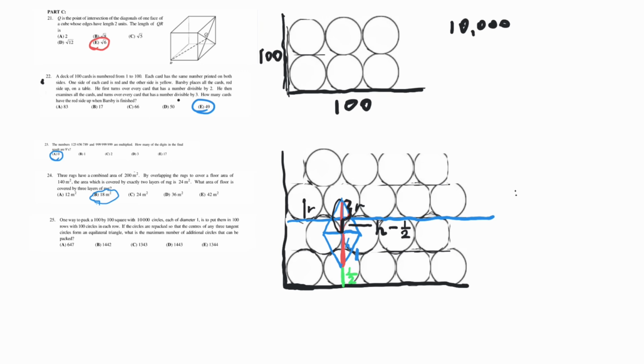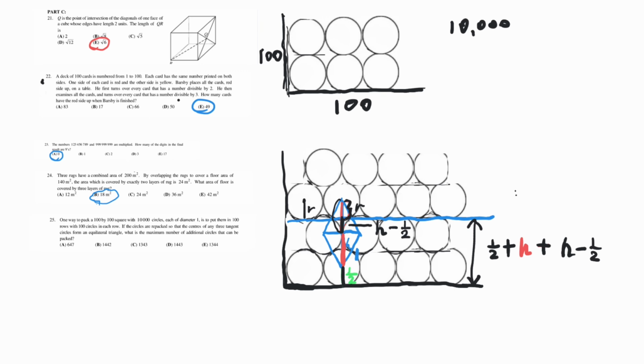Now the total is this part, 1/2, plus the right part, which is the height, plus the top black part, the height minus 1/2. So the total height of the two rows is 1/2 plus the height plus the height minus 1/2.